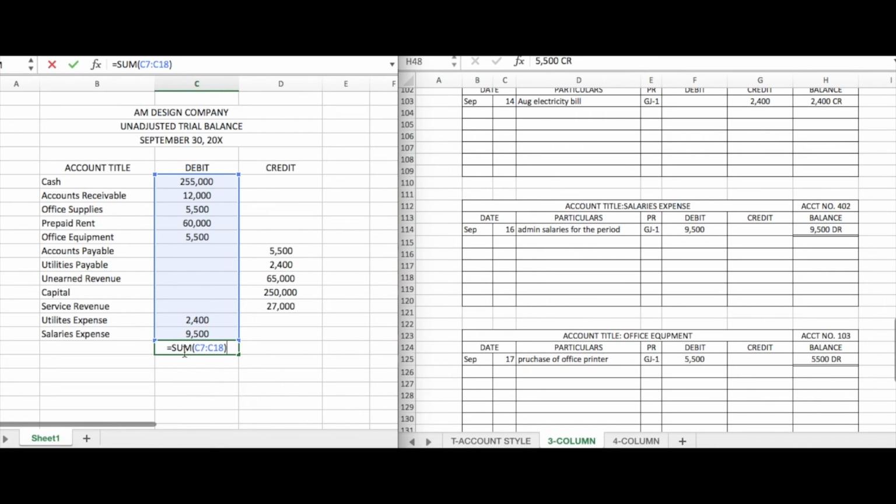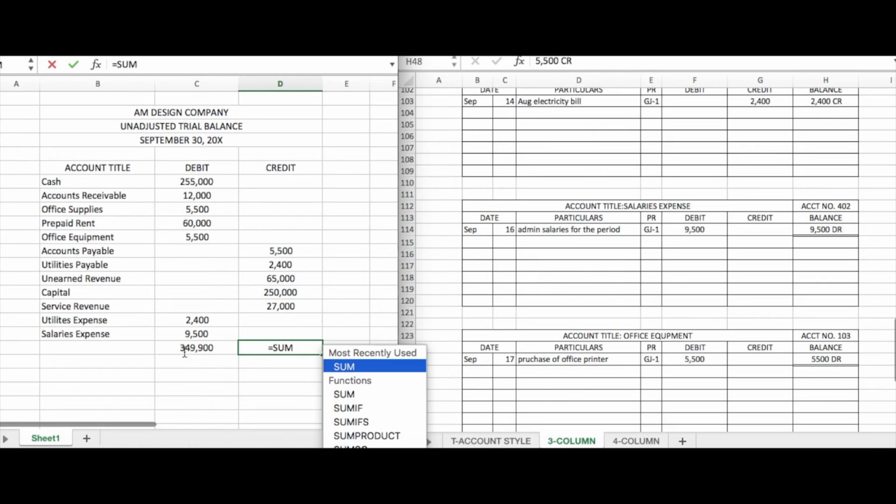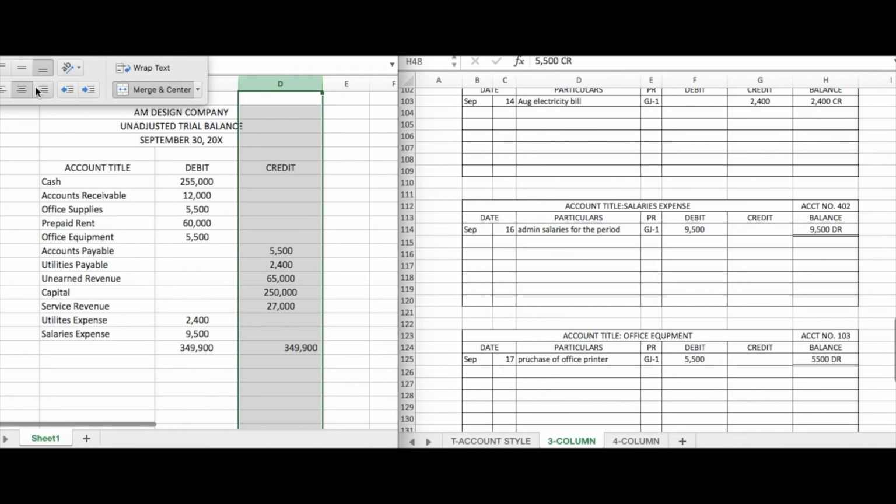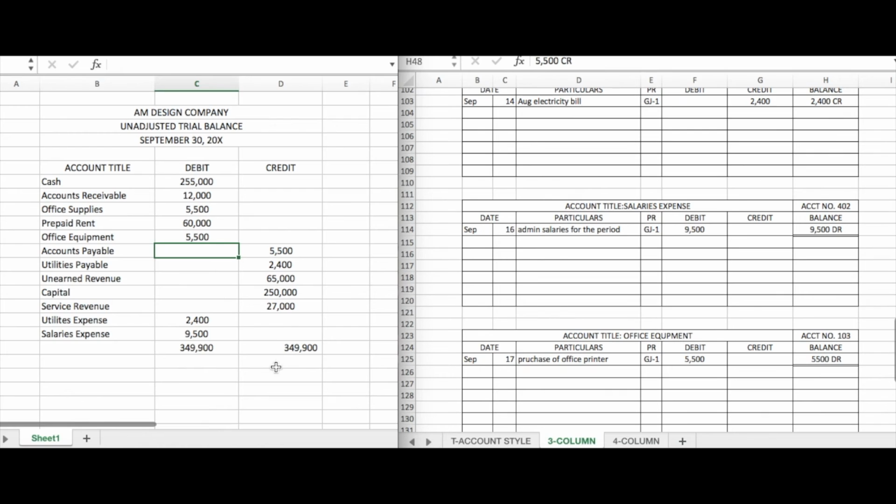Okay, then close parenthesis, there. Then sum, there. So if you could see, our debit and credit are equal, right? Okay, so we label this one totals.